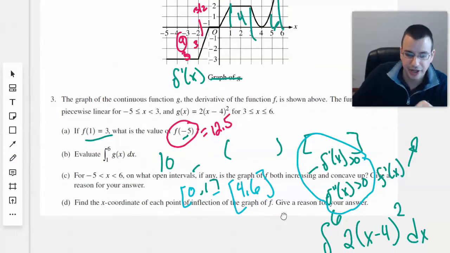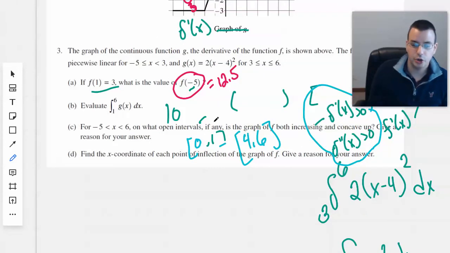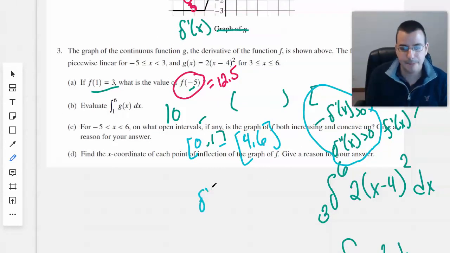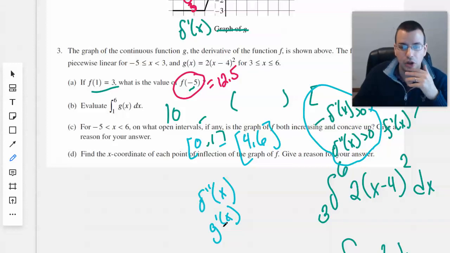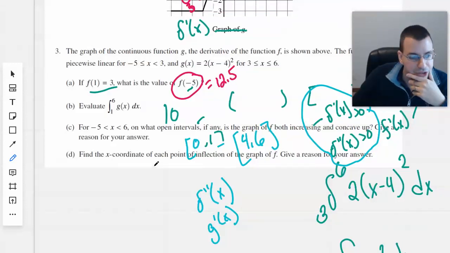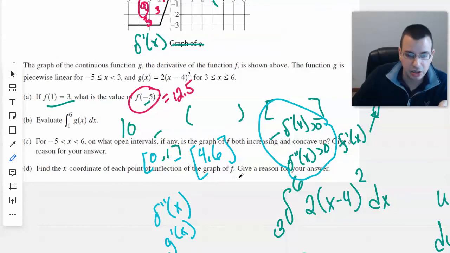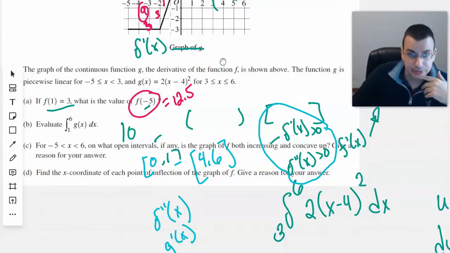Find the x-coordinate of each point of inflection. So we want to find points of inflection, we want to see where there's a change in f prime of x, or f double prime of x, which is g prime of x. Give a reason for your answer.